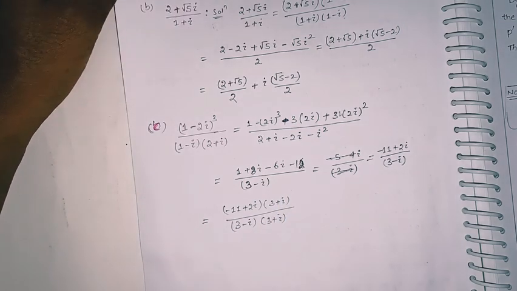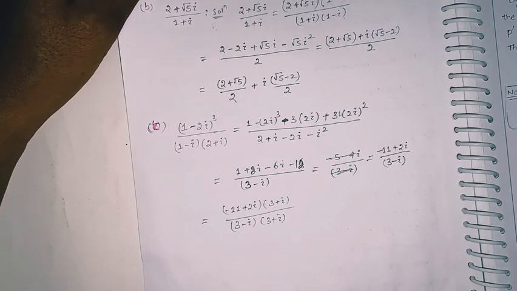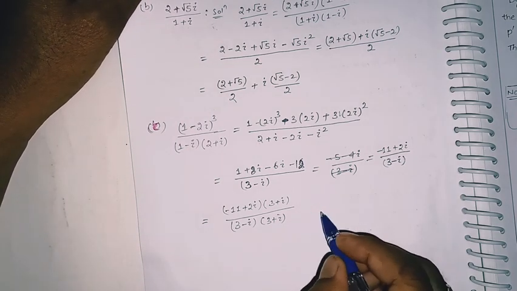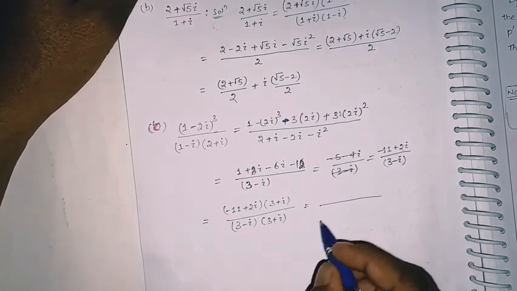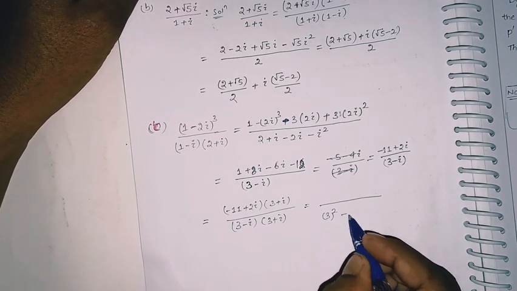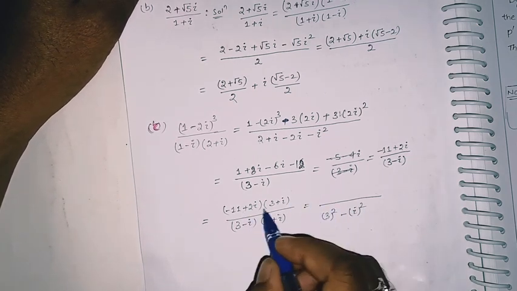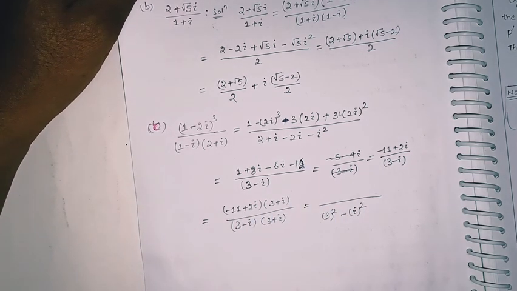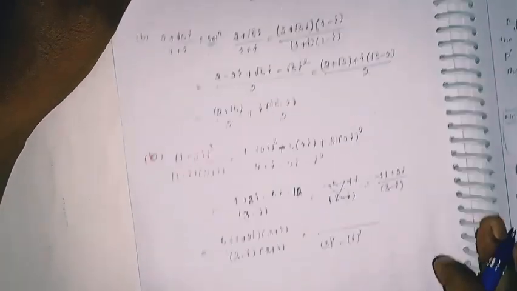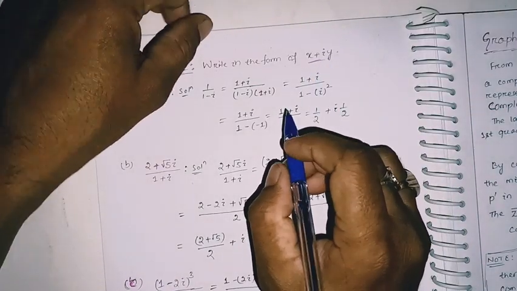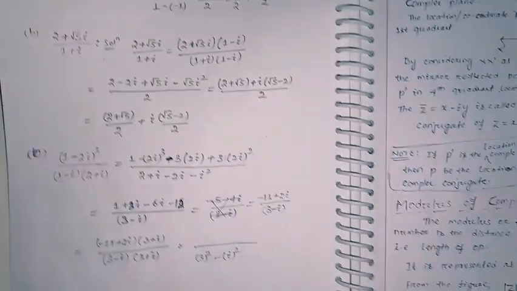Then you just go through the same procedure and you can find the answer. Here the denominator will be 3 square minus i square, and the numerator you just multiply and go through the same procedure, and you can find it in the form of x plus iy. I left it for you, you do it by yourself.